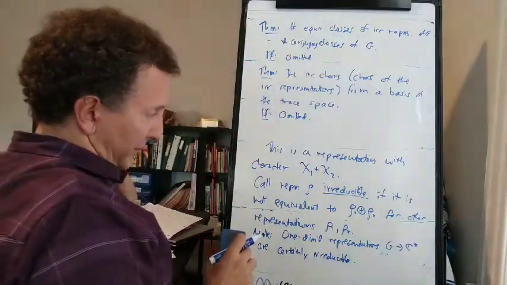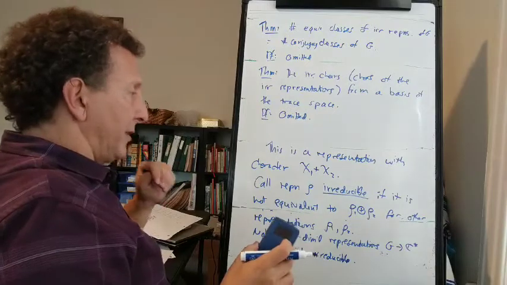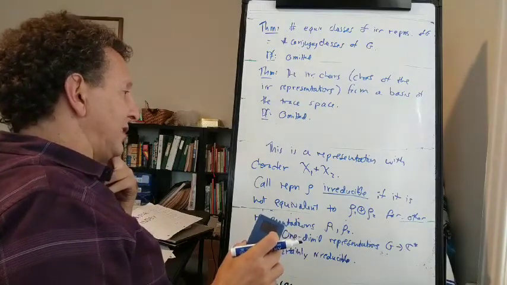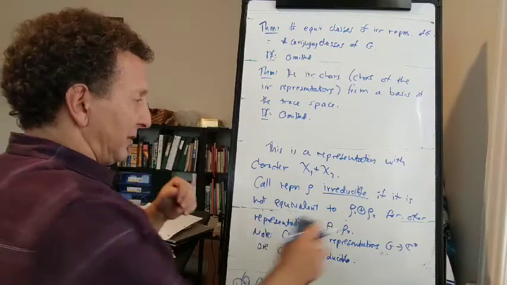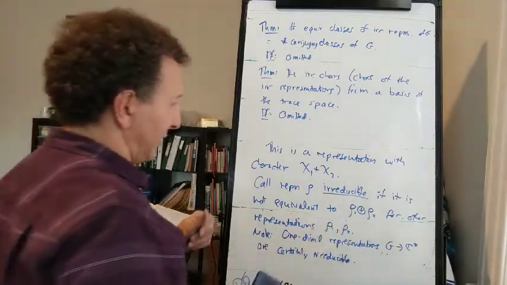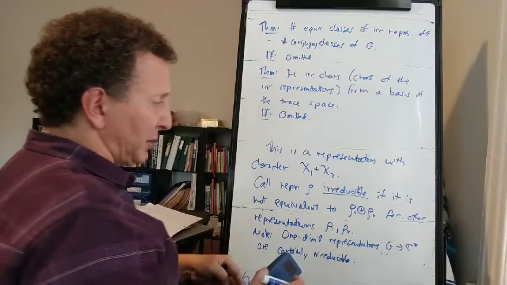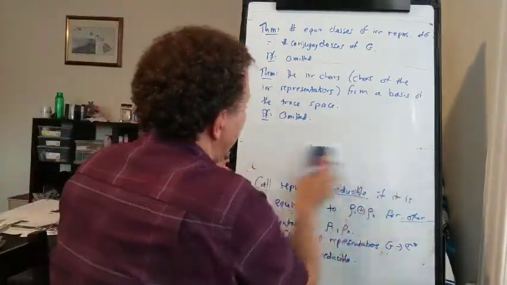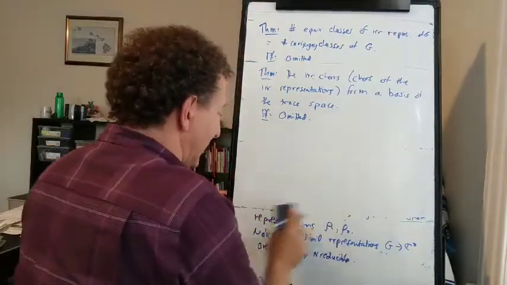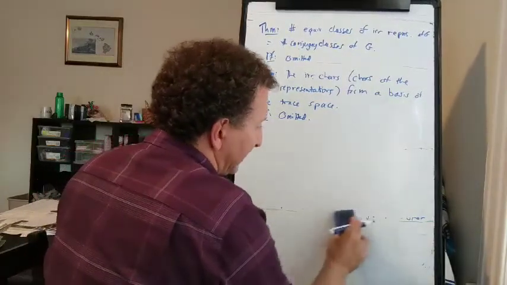And then an important, probably the most important theorem in representation theory is that all representations are equivalent to direct sums of irreducible representations. So if we understand the irreducible representations, we understand everything. Kind of like a basis, but when I write it out, we'll see that it's not exactly a basis.